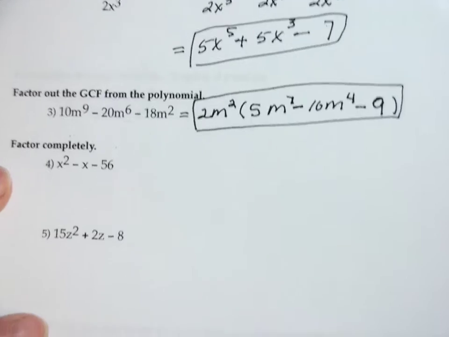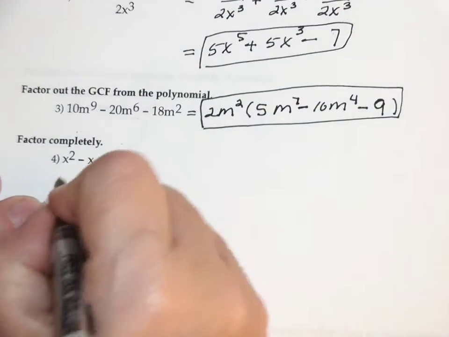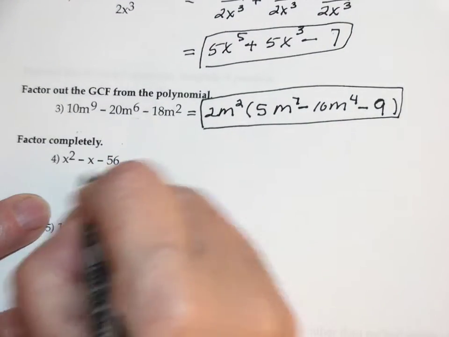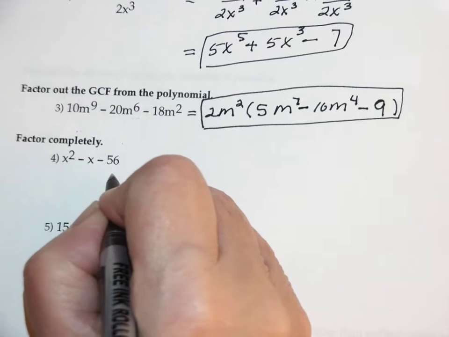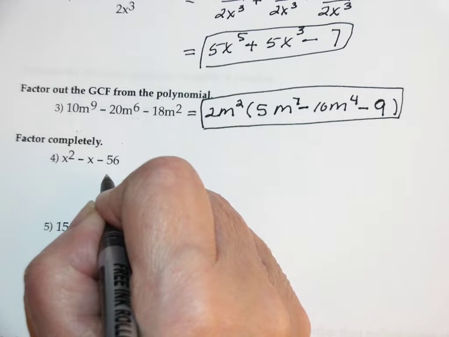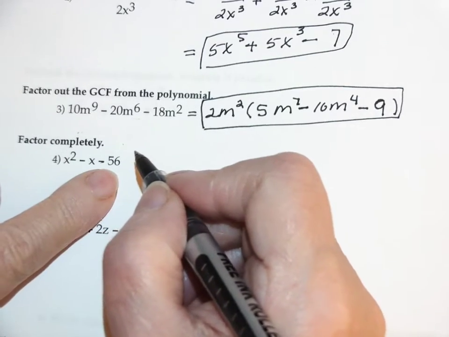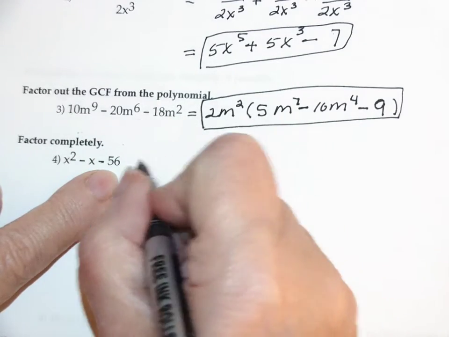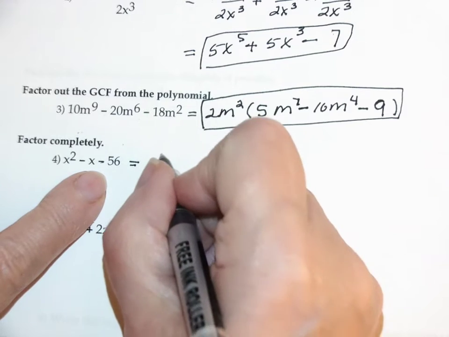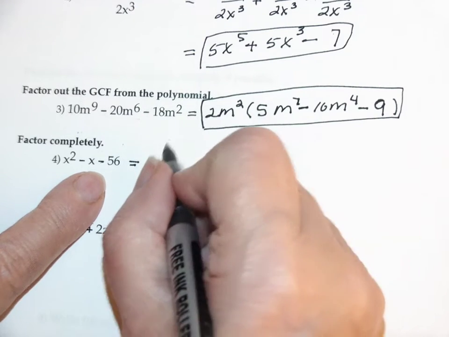Factor completely. Well, this is just leading coefficient 1, so that I know two numbers which when multiplied together give me 56, and subtract, because that's a minus, subtract to give me 1, and that's got to be 7 and 8.